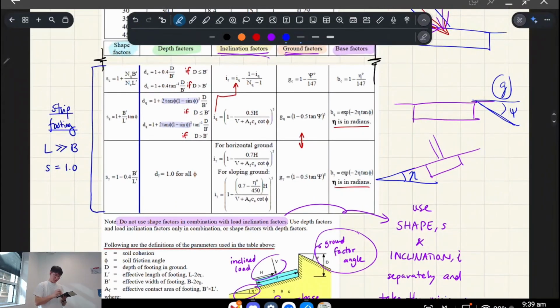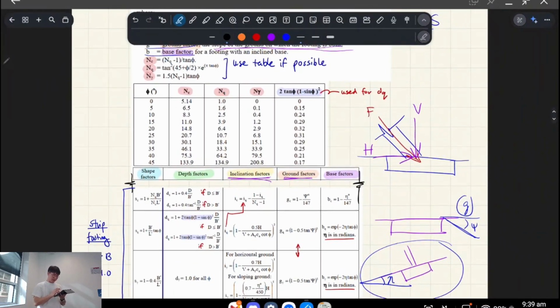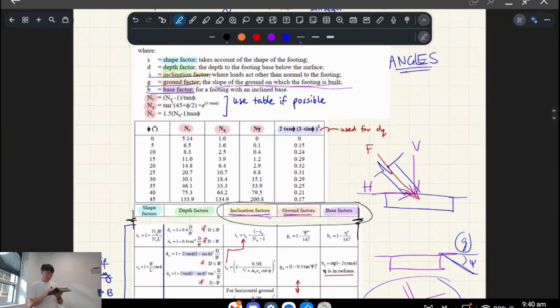So that angle is the angle at which your building is built, right? So that's the base factor. So there's 3 correction factors, and these are kind of niche things that you might see in various questions they might test you on. But usually only one is included at a time because they take extra time to solve, if that makes sense. Okay, does anyone have any questions about how these factors work?